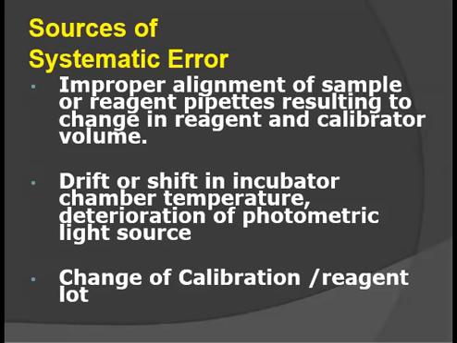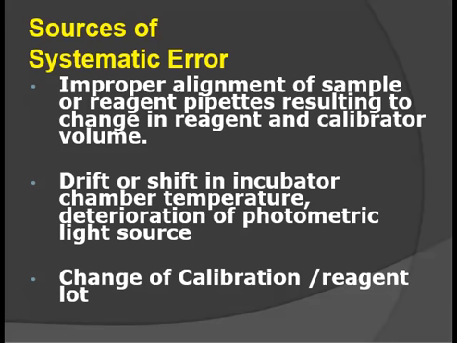Tapos, due to misalignment of the pipette and the container for the reagent, 250 microliters lang ang nakuha ng machine. So, yan, magkakaroon yan ng systematic error. Source yan ng systematic error. Another one, like for example, yung calibrator na mali sa machine pag-read kasi nakulangan yung volume ng calibrator na pinasip mo sa machine. So, that could also cause a problem.